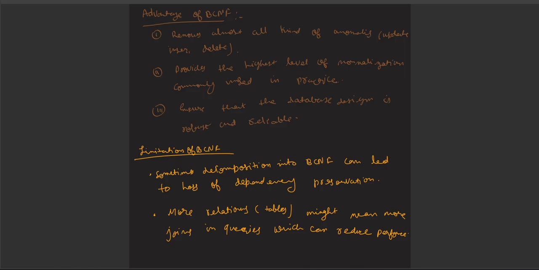In 3NF, there should be no transitive dependency, meaning A tends to B and B tends to C is called transitive dependency. And in BCNF, every determinant must be a super key. I hope you guys are clear with the idea of BCNF.